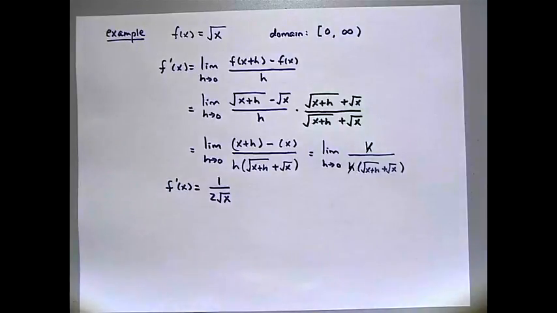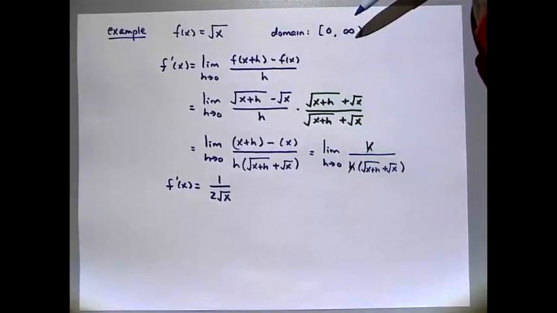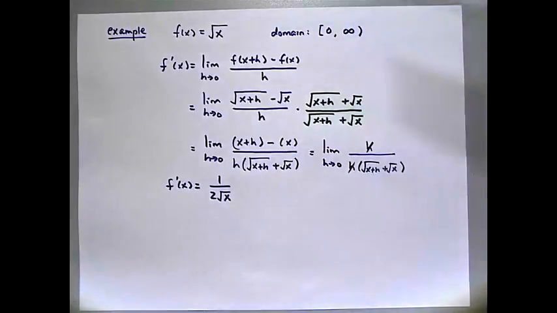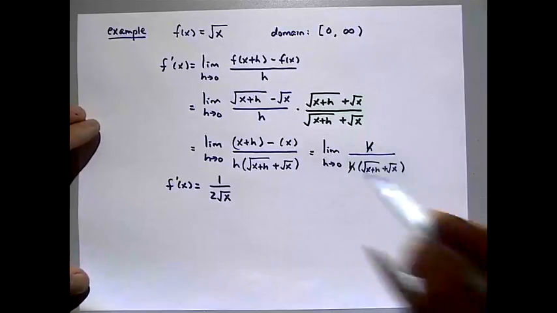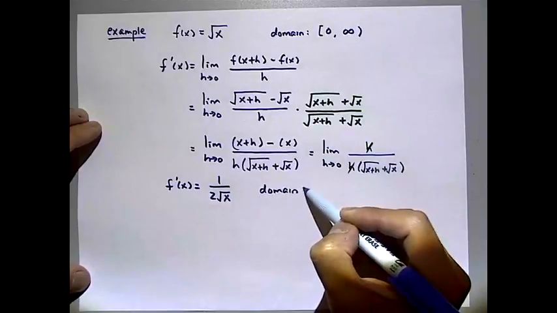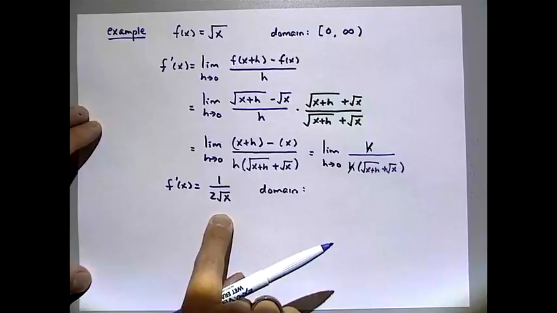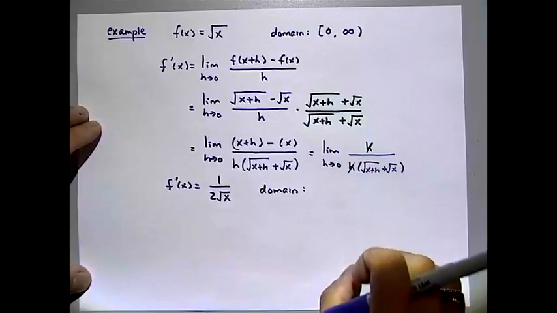All right, so this tells me that the derivative, the slope of the tangent line at any point on this function within the domain, almost any point within the domain, can be found by using that function. What's the domain of this? Right?